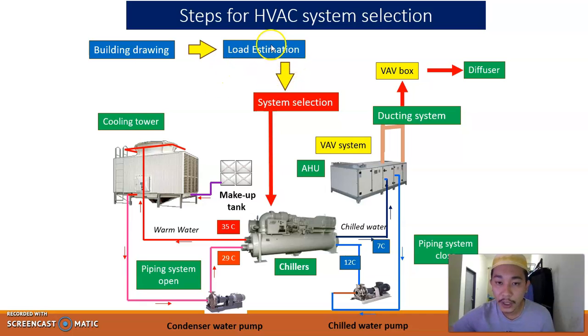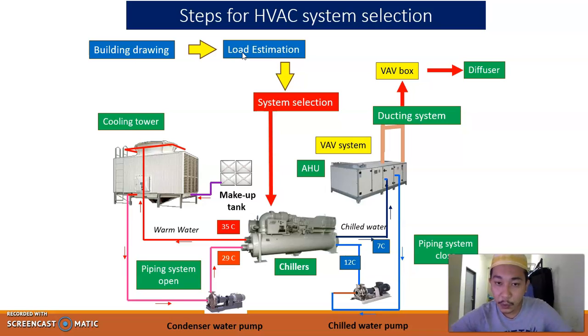The cooling load estimation is one of the most important elements in the selection of the HVAC system, because if we estimate too big, we are going to select a bigger system, and it will take a lot of cost for the selection and installation of the equipment.